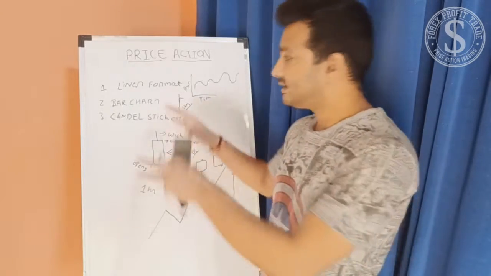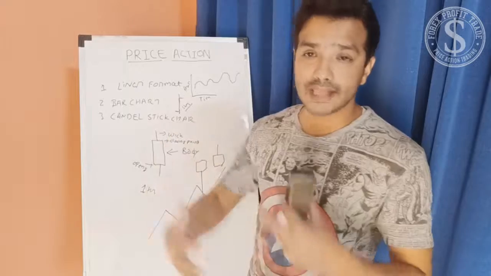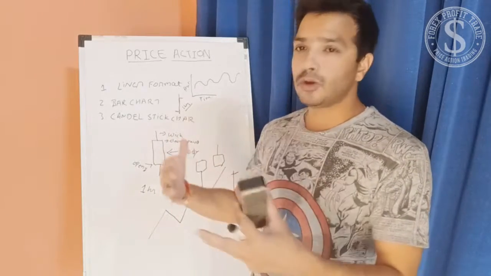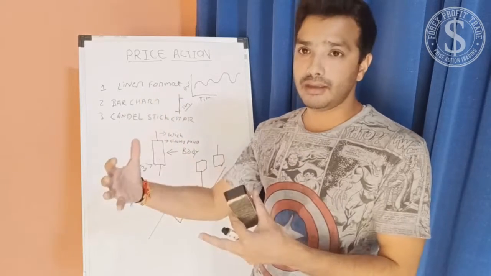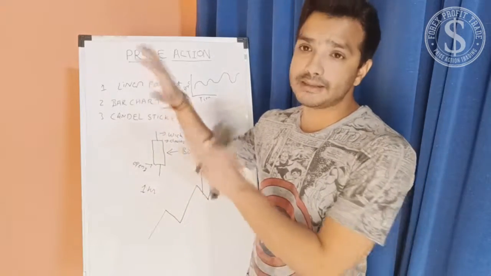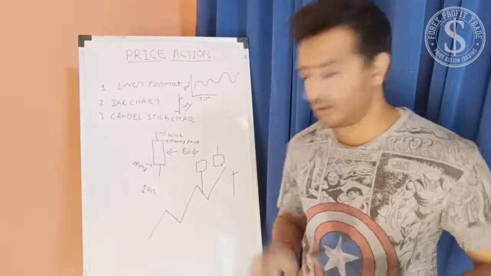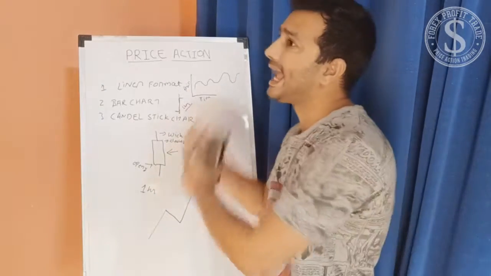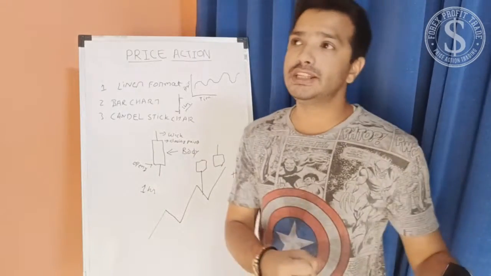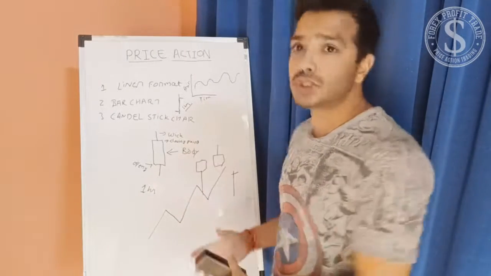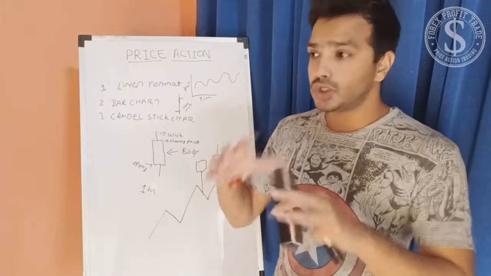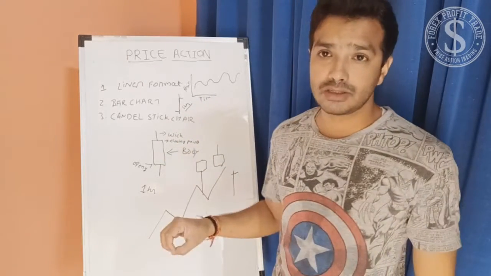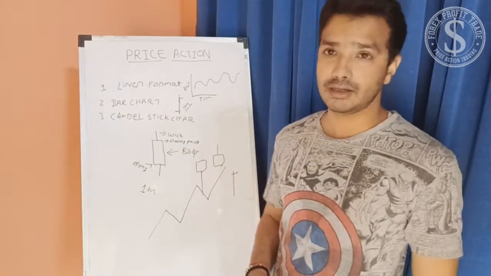It's not just the pattern, it's more about the psychology of the market, of the people, because how people are thinking is what will make you money, what will bring the price up or bring the price down. So just because it's an inside bar, a hammer, a shooting star, a rising star, or a gravestone doji, you should not make your trade decision based on just this price action. There is more to price action.